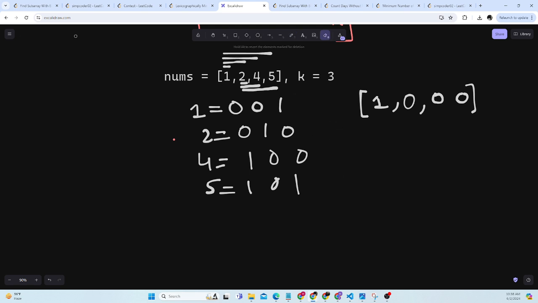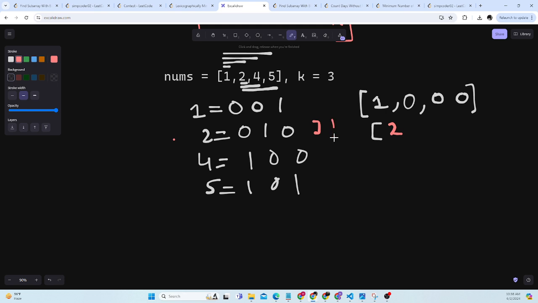Now let's say we start at index 2. When we started at index 2, what is the bitwise AND? It is 2. When we do the 2 and 4 subarray, it becomes 0. And when we consider this particular subarray, it also becomes 0.